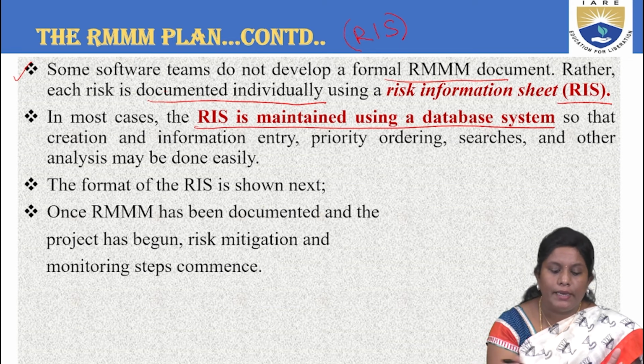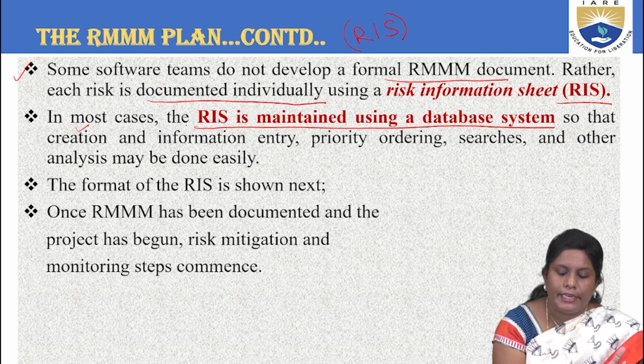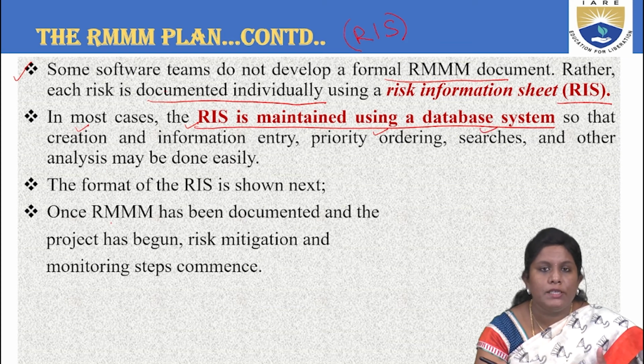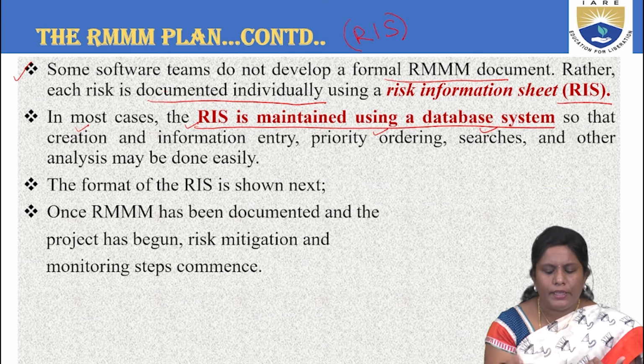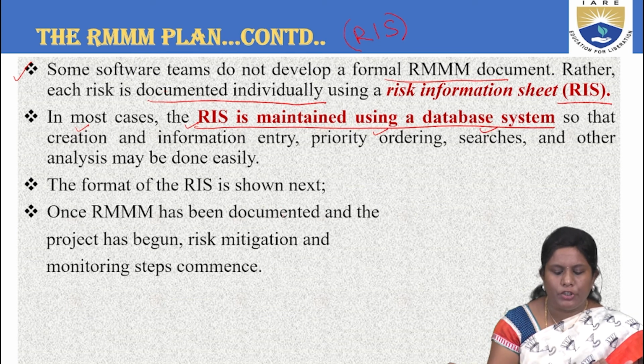The creation, information entry, priority, searching and other things are done easily because everything is noted in the database system. So whatever you want, you can retrieve. It's the same as a database management system: if you want to find the details of an employee, you just write a query and retrieve that particular output. Okay, the format of the RIS was shown before.